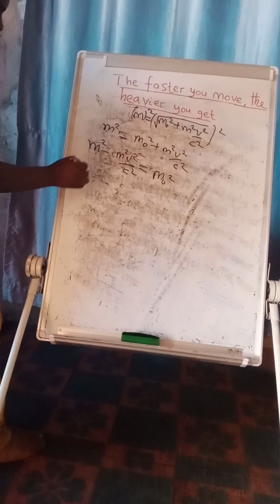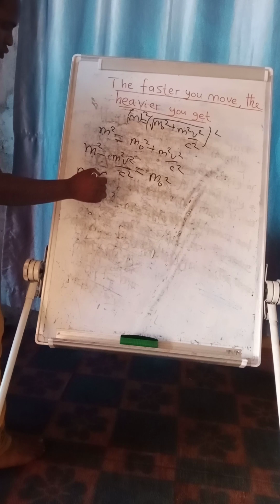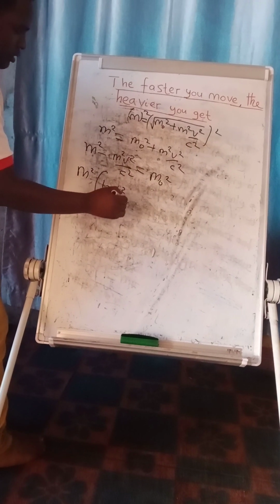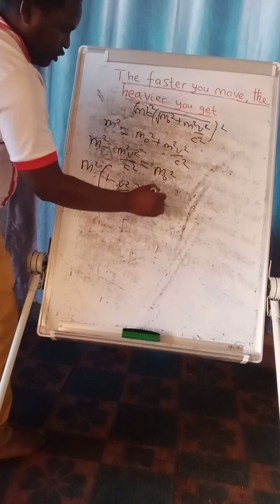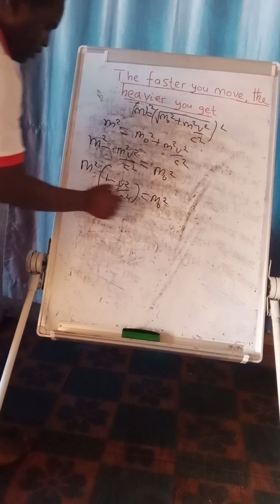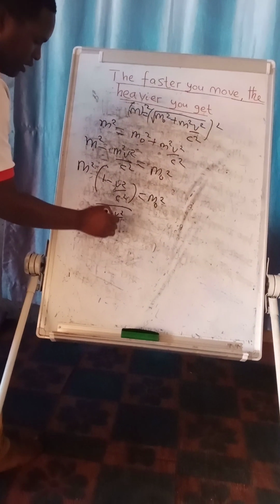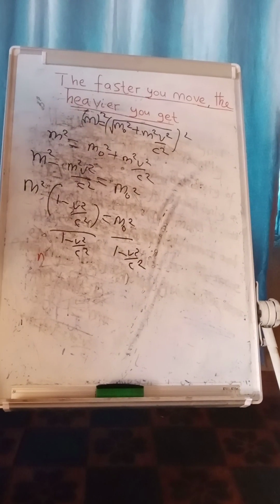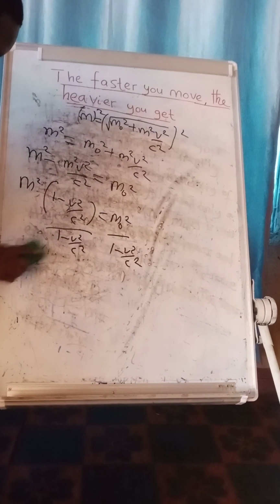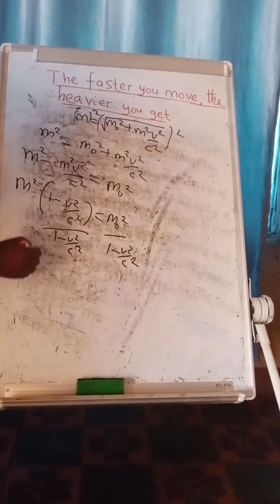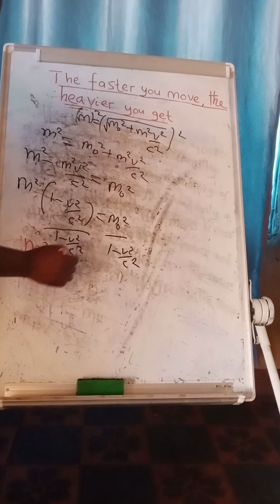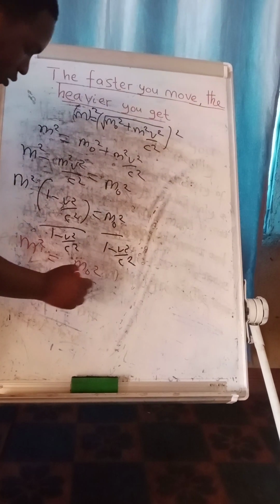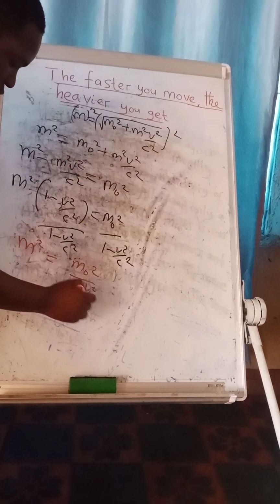So m square times 1 minus v square over c square is equal to m naught square. Divide both sides by 1 minus v square over c square. So m square is equal to m naught square over 1 minus v square over c square.